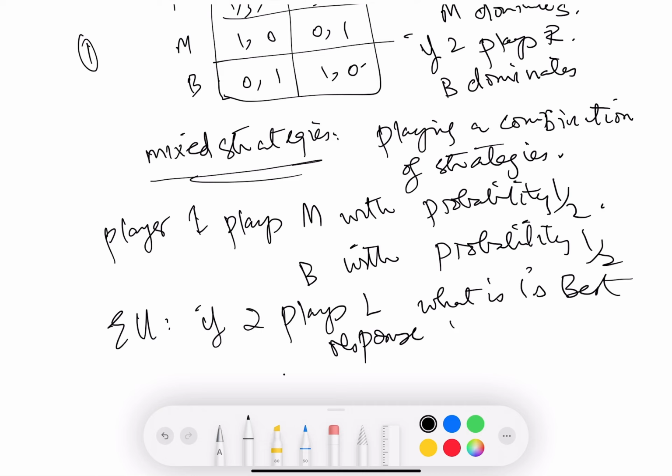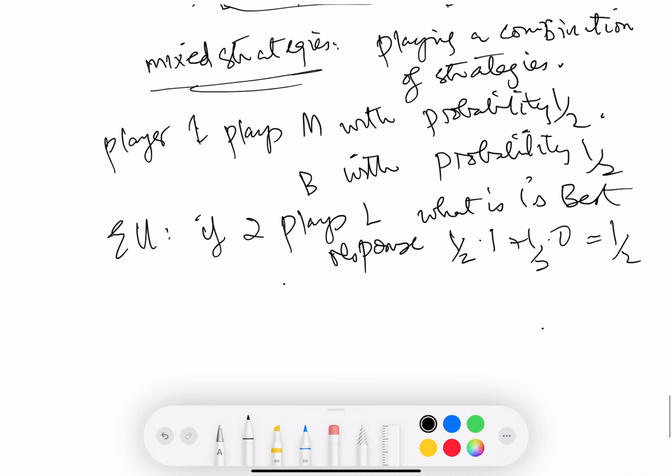With probability 1/2, player 1 is playing M and gets 1. Now remember 2 is playing L, so 1/2 of this plus 1/2 gets 0. So this is equal to 1/2. That's in expectation what 1 will get when 1 is playing this combination strategy.